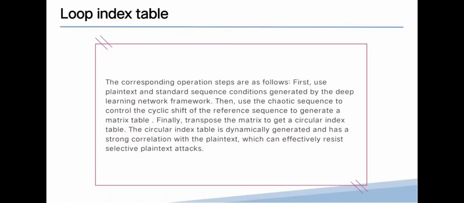Finally, transpose the metric to get a circular index table. The circular index table is dynamically generated and has a strong connection with the plain text, which can effectively resist chosen plain text attacks.